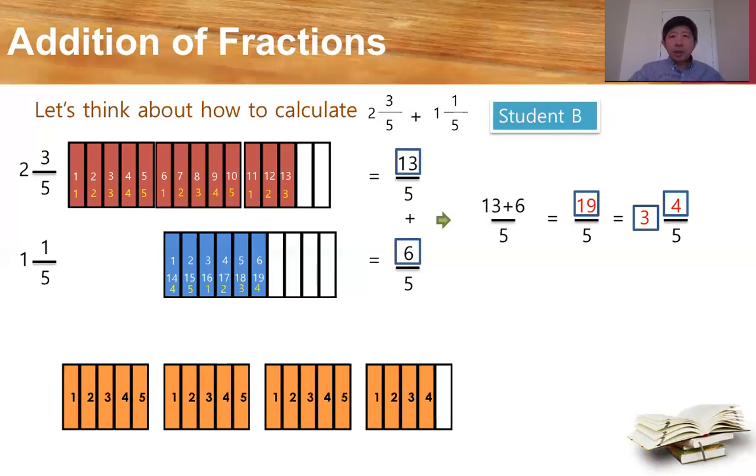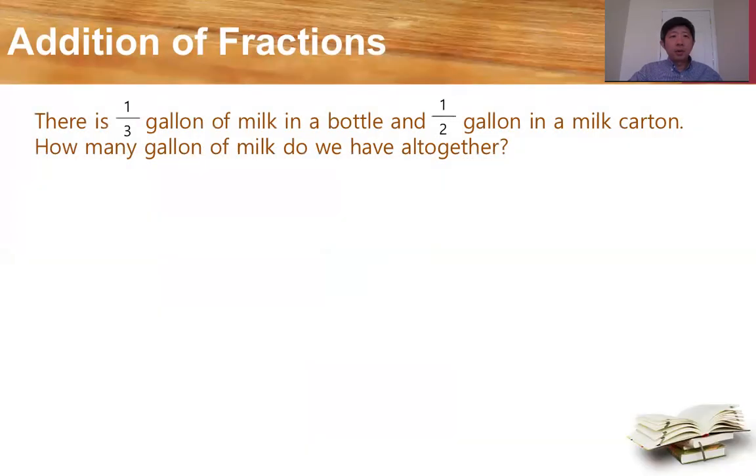Now let's take a look at another example. Now this example is when the denominators are not the same. We say it is unlike fractions, okay? So the denominator is not the same. So here is a problem.